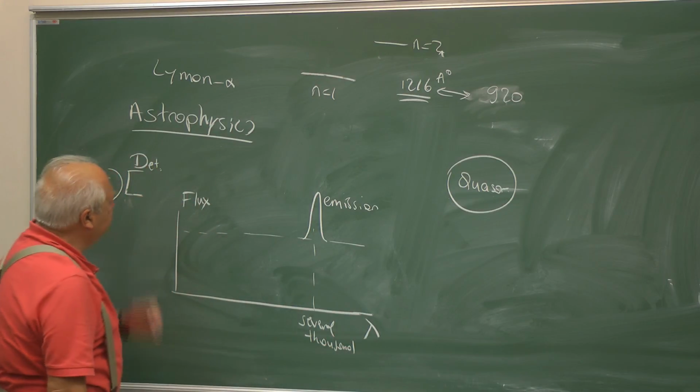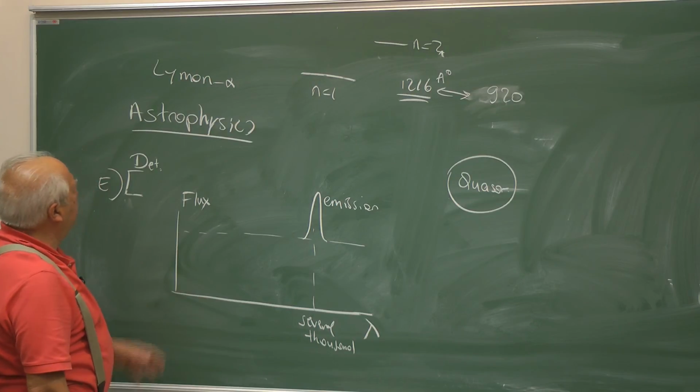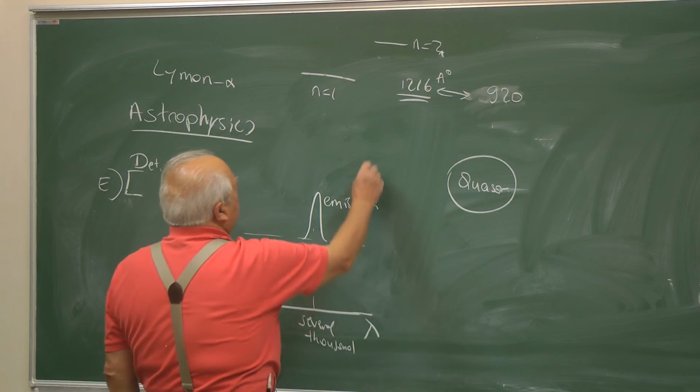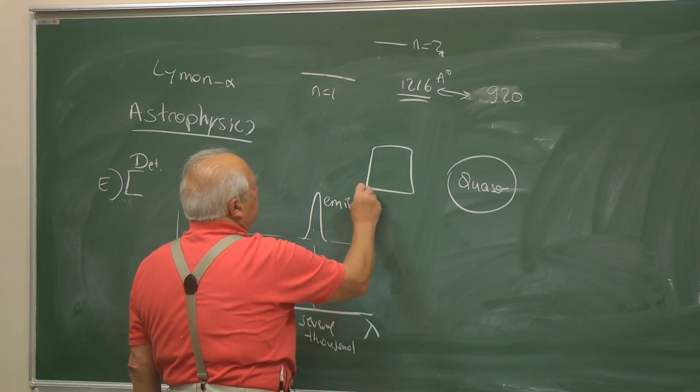Okay, that's the emission. Now, between us and the quasar, there would be a big cloud of hydrogen.